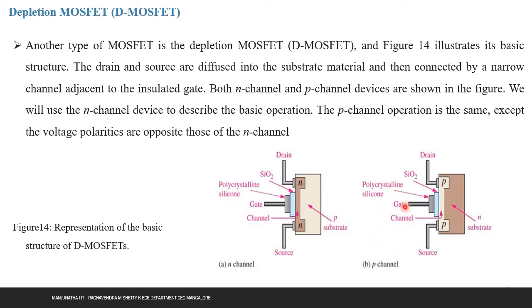The polarities of the voltage supply at the gate terminal will be reversed. That is the major difference in operation of an N channel and P channel that we should understand. So this is all about the introduction to the depletion MOSFET or D MOSFET.